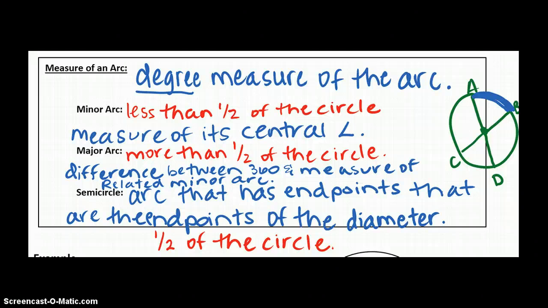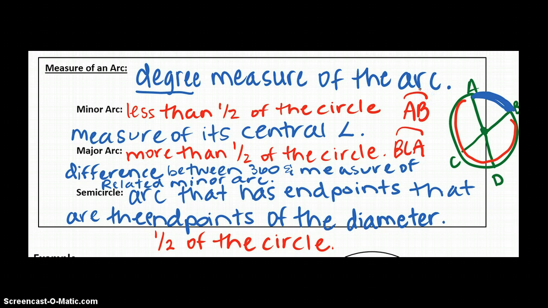So if we refer back over to our circle here on the right, since AB, the blue highlighted portion, is my minor arc, my major arc would be what was left of the circle, which is the distance from B all the way over to A. But since it's a major arc, it has to be more than half of the circle, so I'm going to name that arc BCA. Since C and D are both in between, I could use either one. So my major arc of this circle is BCA, and my minor arc is going to be AB.